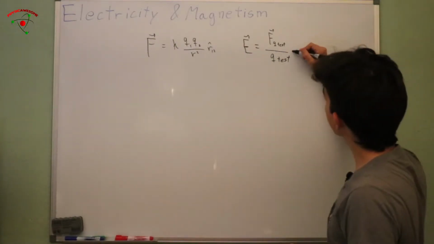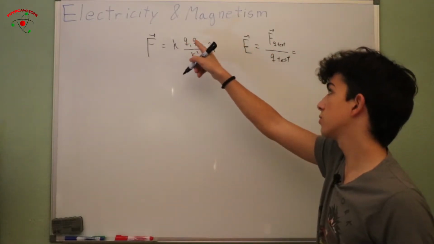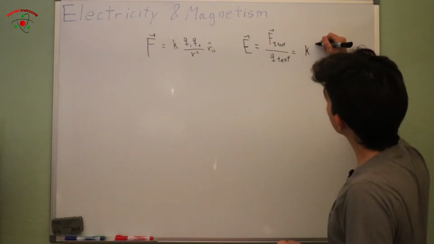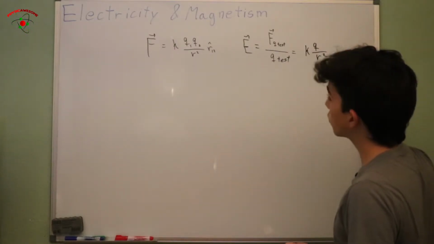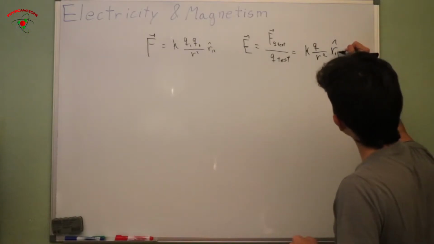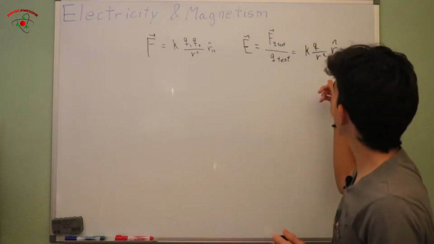In that way, we will have, for example, let's take the Q test to be Q2. We'll have k times Q, the one creating the field, over r squared times r hat from the source to the test vector.